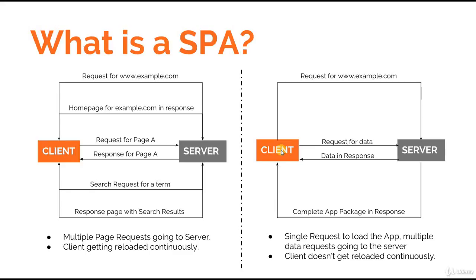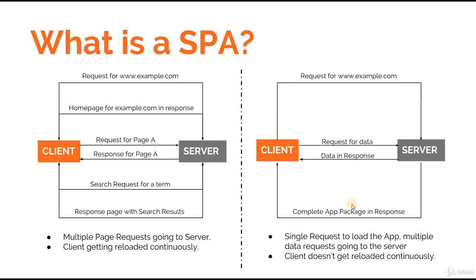Okay, so no new page requests are then going on to the server. Only data requests are going on to the server, which might be required to load up a particular view or to load some information on a particular view.